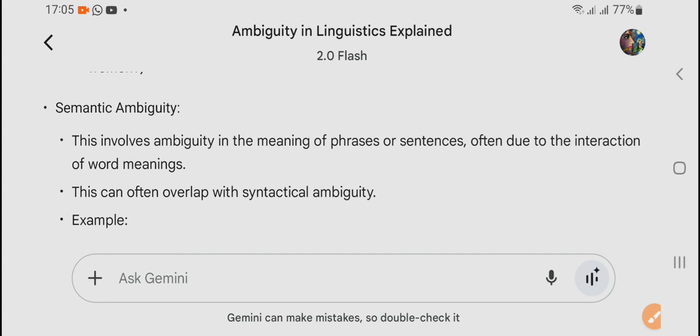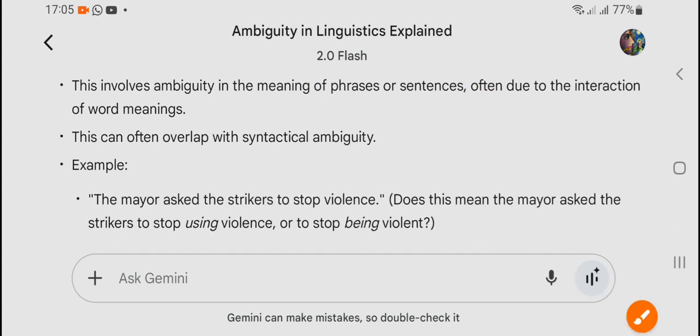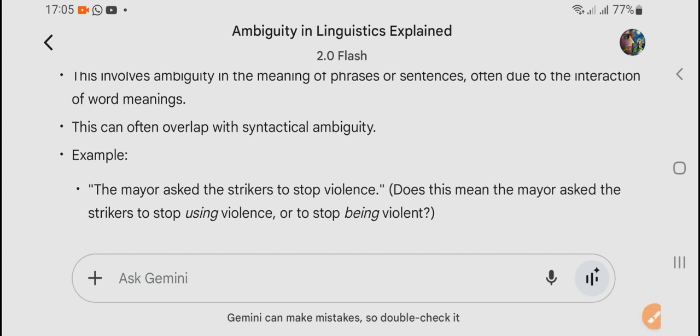Now next is semantic ambiguity. This involves ambiguity in the meaning of phrases or sentences, right? Which is because of phrases or sentences, and often due to interaction of word meaning. This can often overlap with syntactic ambiguity.